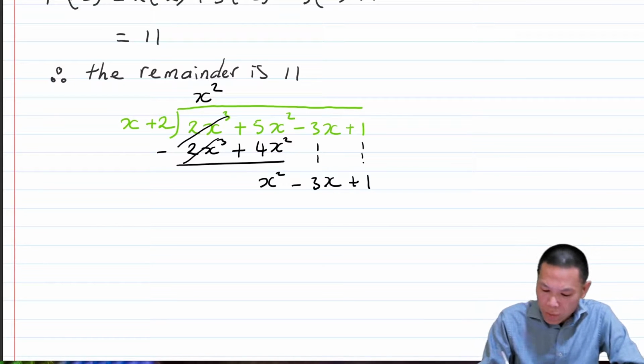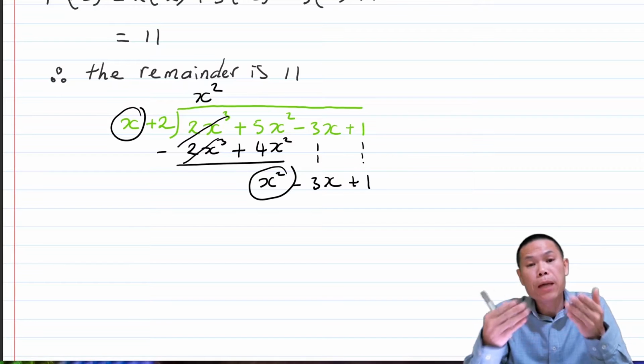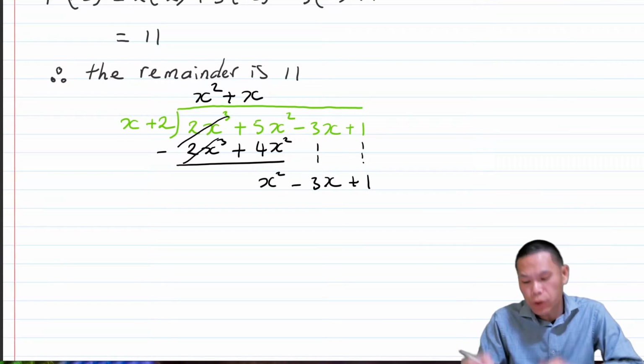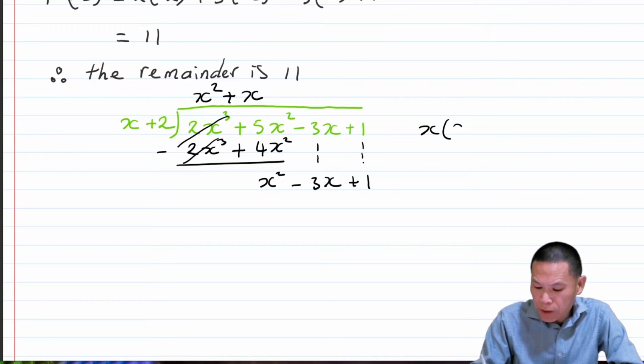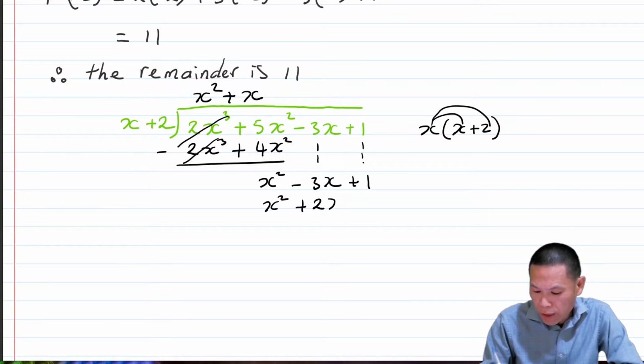Now x squared divided by x gives me x, so plus x. Then we use x times x plus 2, which gives x squared plus 2x.